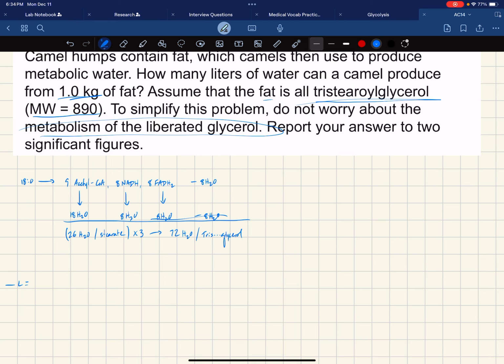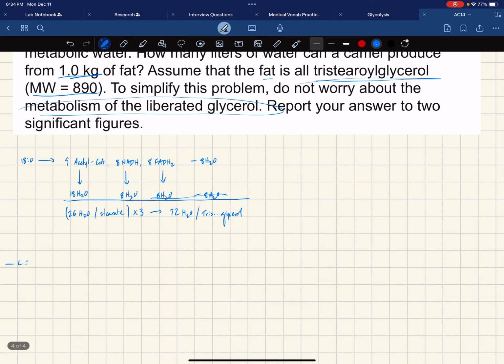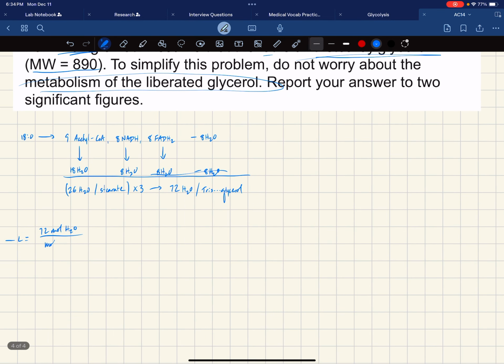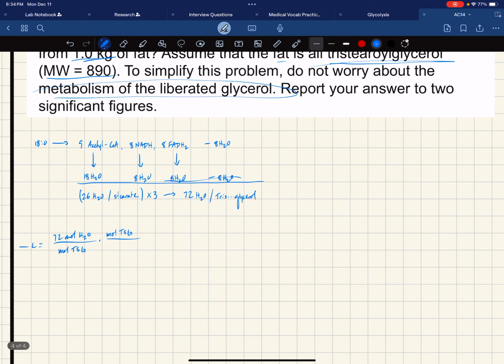Now, how I would start thinking about this is, I know that I'm making 72 moles of water for every mole of the tri-stearoyl glycerol that I have. And I also know I have the molecular weight, so I can multiply, that's going to be 890 grams per mole.